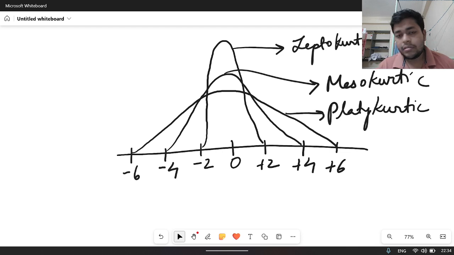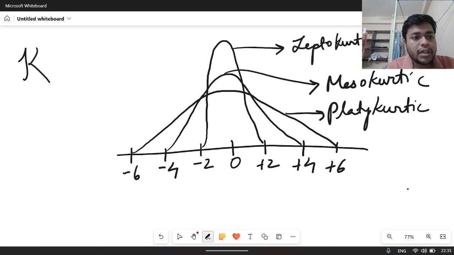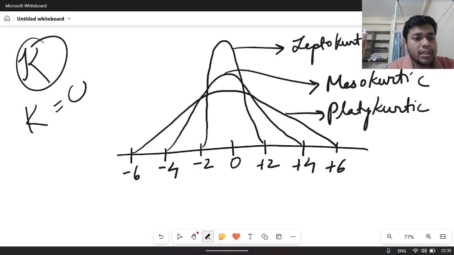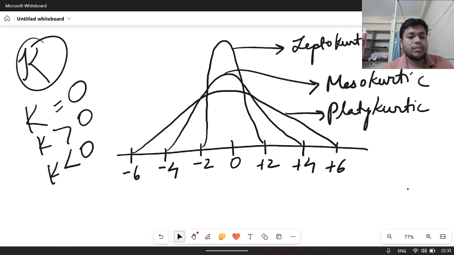Okay, so what do you mean by these three terms? For kurtosis, we can define the symbol K. K can be equal to 0, K can be greater than 0, K can be less than 0. Mesokurtic is in the mid position. You can see that in the mid position, if I had drawn a normal distribution, it would be at this height only.